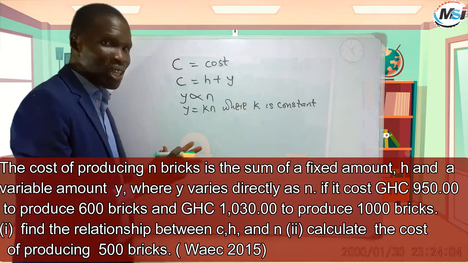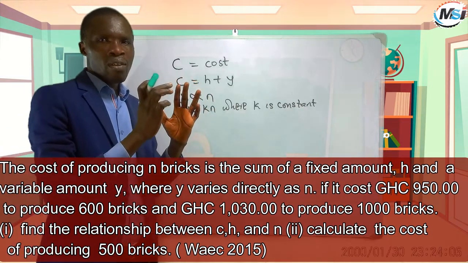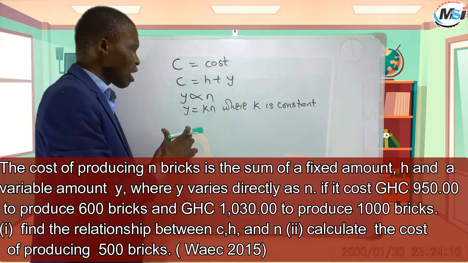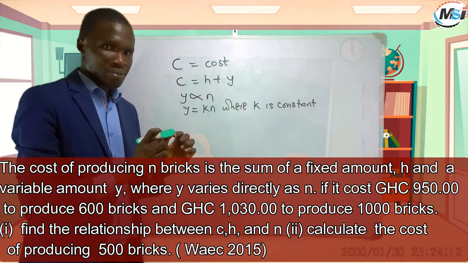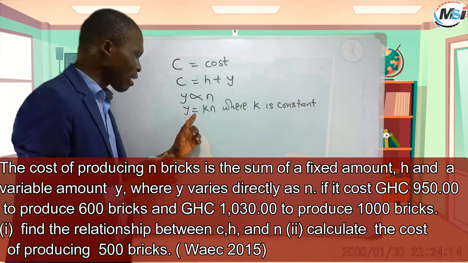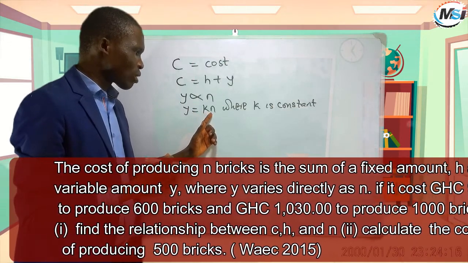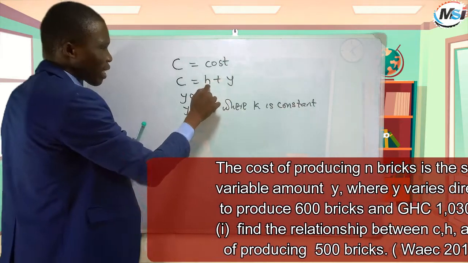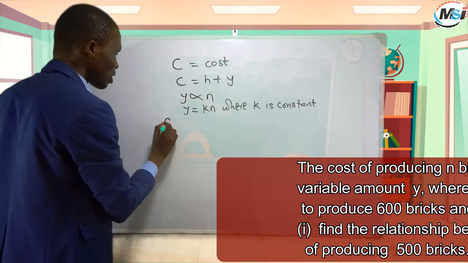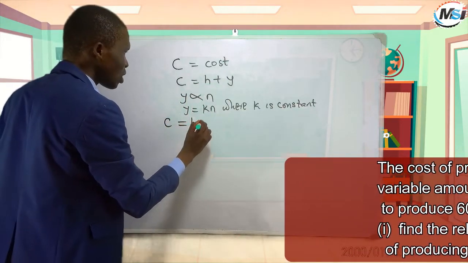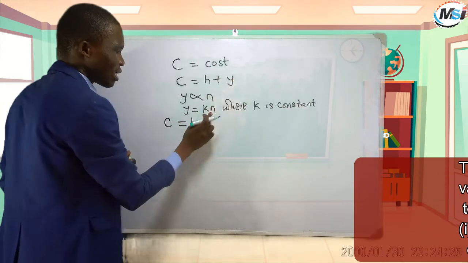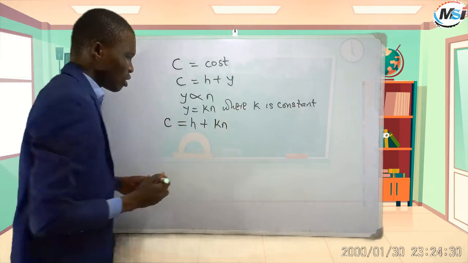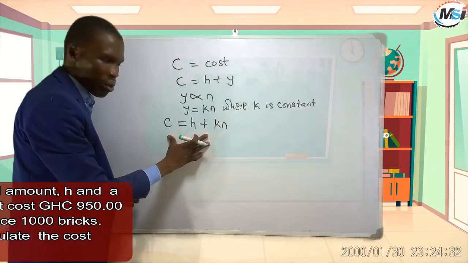Now the next statement is Y varies directly as N. That therefore Y equals Kn. So we now come back here. Therefore C will give us H plus Y, which is given to us as Kn. So this will be our equation.